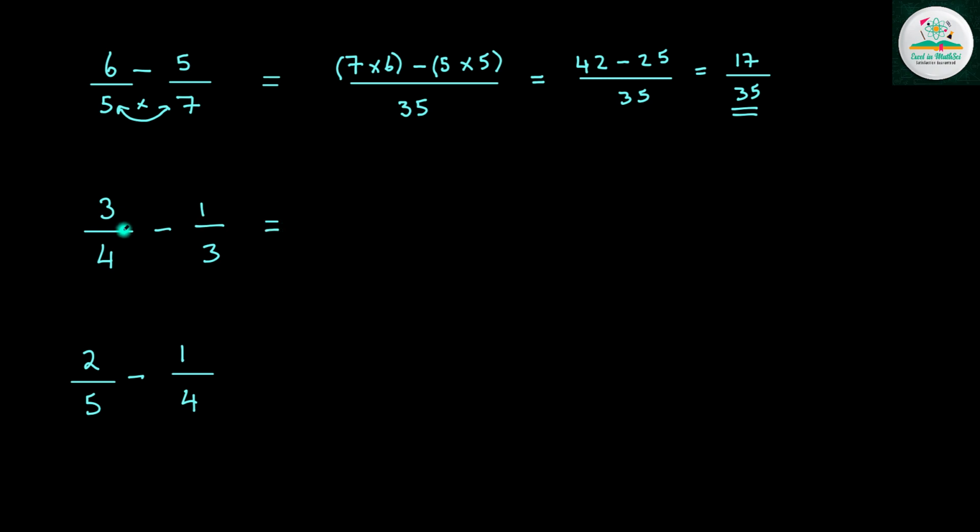So this time we have 3 over 4 subtract 1 over 3. And once again, we do exactly the same thing.